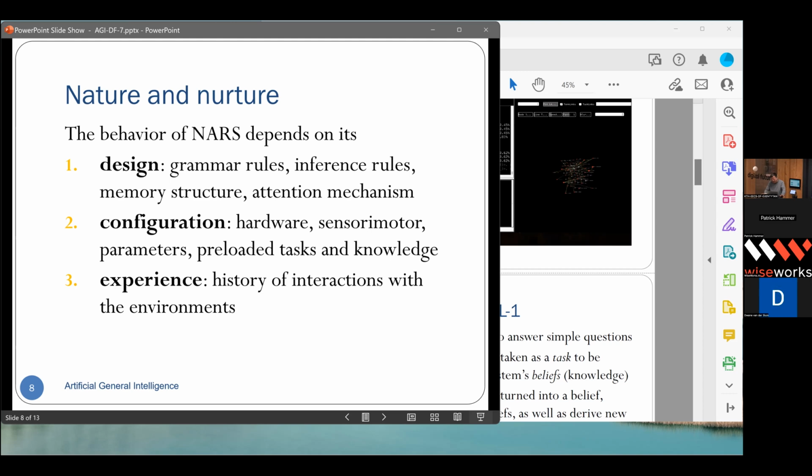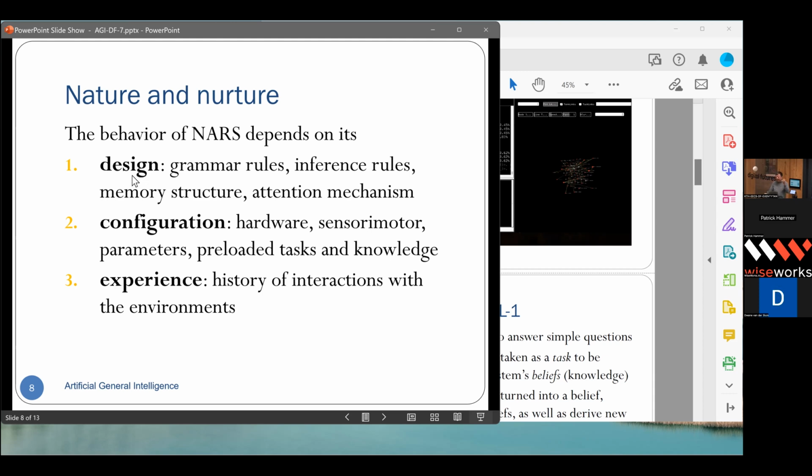There are several very important theoretical implications of this. First, you see the title of this slide. Everyone knows it, right? For human beings, their behavior is determined by nature and nurture, and of course there is no clear separation. There is a complicated interaction between the two, but roughly speaking, we can still talk about nature and nurture, which makes sense. So in NARS, this is clearly the nature part.